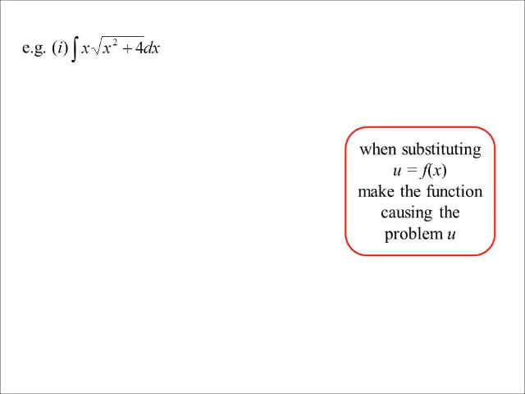So, when I'm going to substitute, what's causing me the problem? I think what's causing me the problem is under the square root sign. So I'm going to go u is equal to x squared plus 4. Now, if u is equal to x squared plus 4, there's the x squared plus 4, so I've got u.